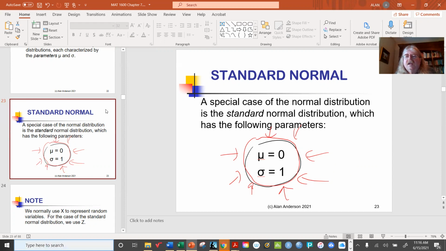And by the way, when you go to do these calculations on your calculator, it will assume that you mean standard normal unless you tell it otherwise. Don't worry, we'll see that when we do the calculations, but I just wanted to mention that. But that's an indication of just how important this really is. The calculator figures, well, you're probably using the standard normal distribution.